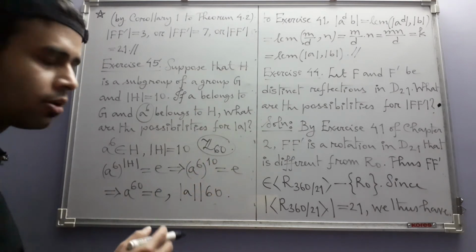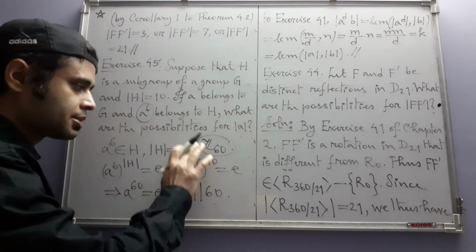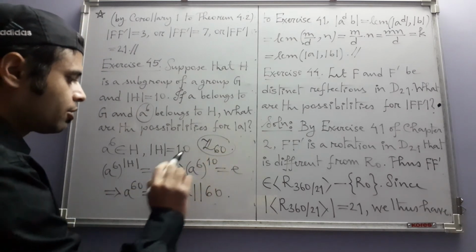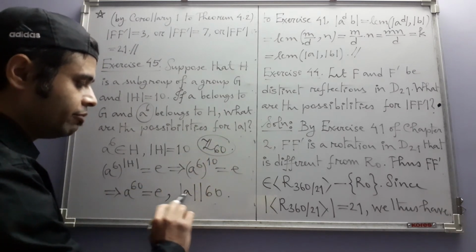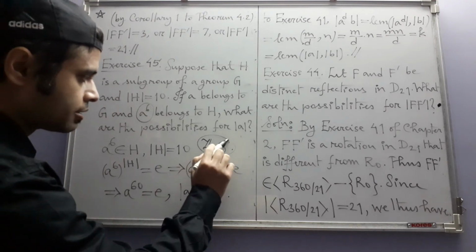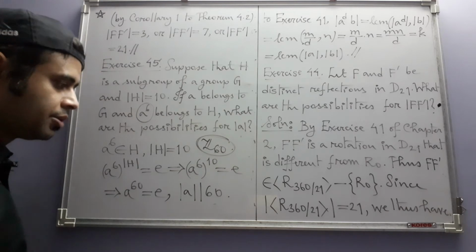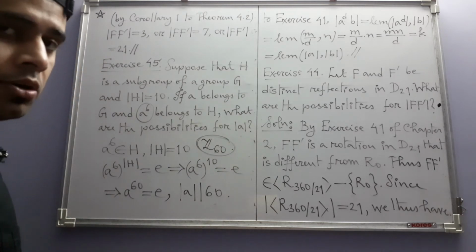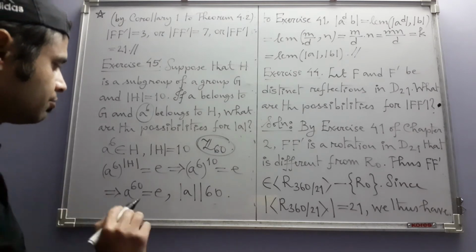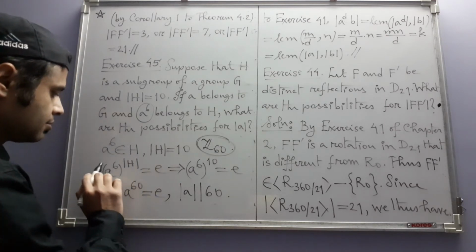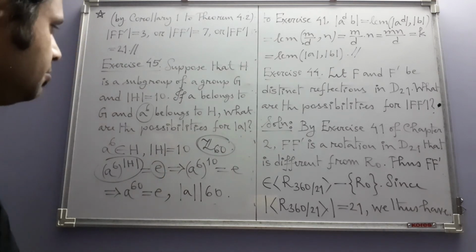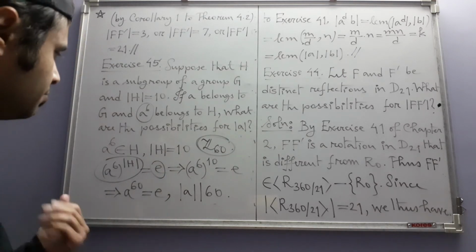I mean, those orders can be realized by some elements in this. So it's not that some divisors will never appear as orders. This is an example where elements of all possible orders appear. All of these things are fine provided we have this result, which is a consequence of Lagrange's theorem. Now the problem is this.